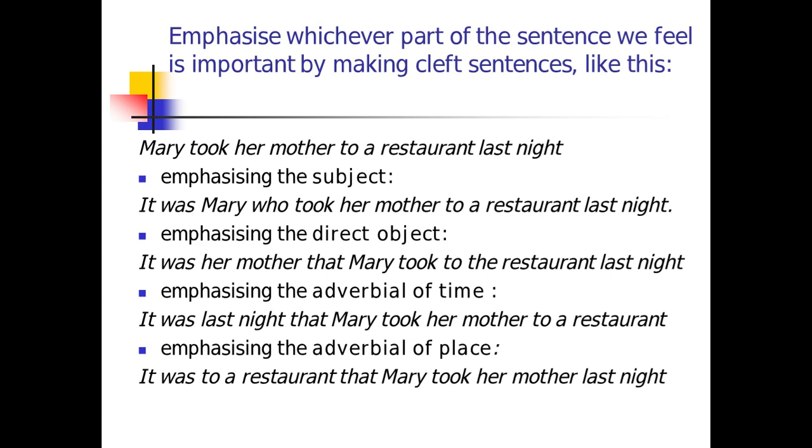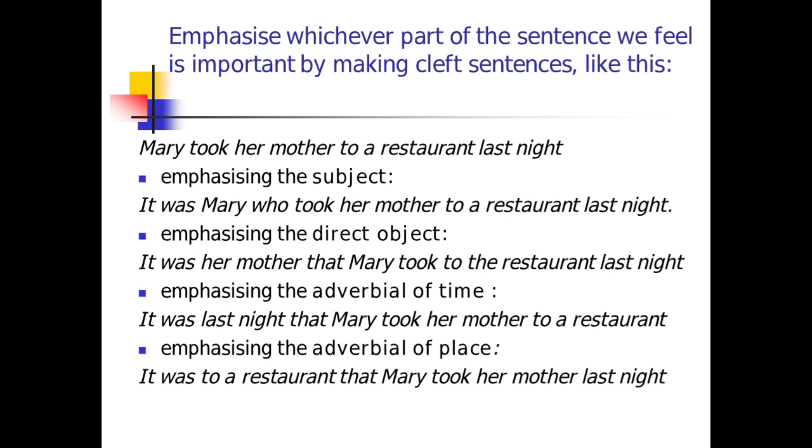Teacher, but what am I going to give emphasis to? What you want. I can give emphasis to the subject, object, adverbial of time, adverbial of place, as it depends how you are going to write your sentence. Check the example. Mary took her mother to a restaurant last night.